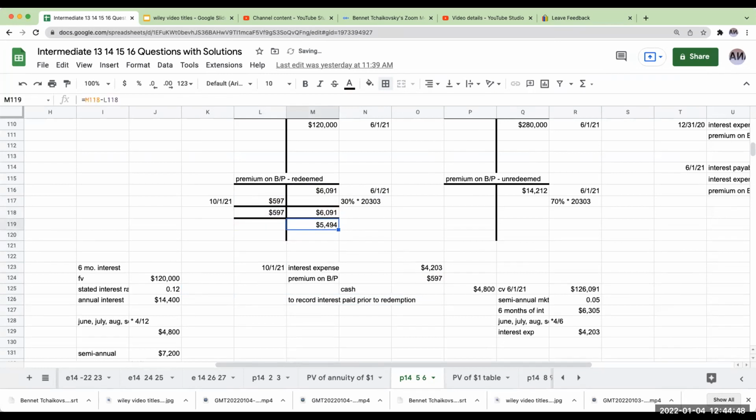So my premium on bond payable, the redeemed one, has a balance of $5,494. Now on 10/1/21, I'm going to be debiting bonds payable for $120,000. I'm going to be crediting premium on bonds payable for the redeemed amount of $5,494. I have to zero these out.